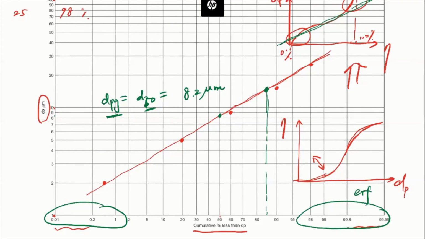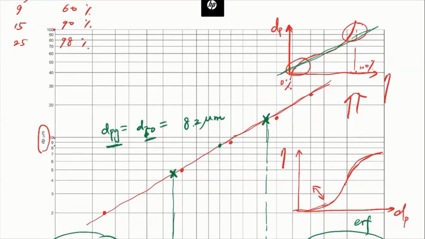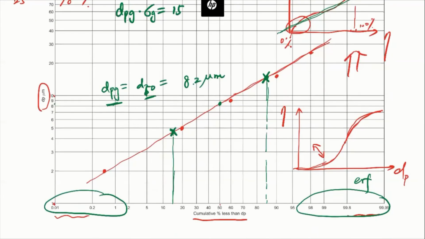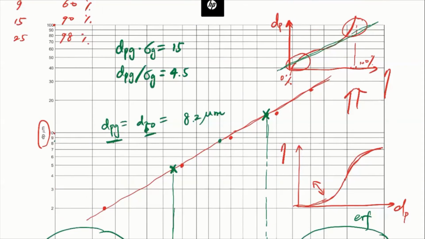And at 15.9, somewhere here. Now we know that dpg multiplied by sigma g is equal to, let's say, 15, and then dpg divided by sigma g is going to be equal to 4.5. So now we have this relationship.